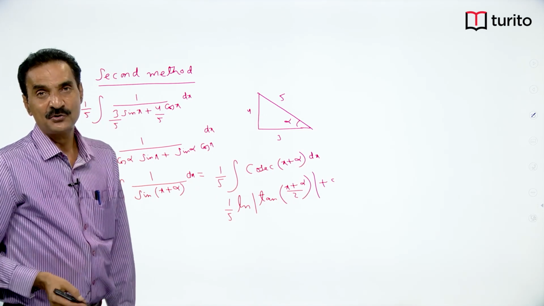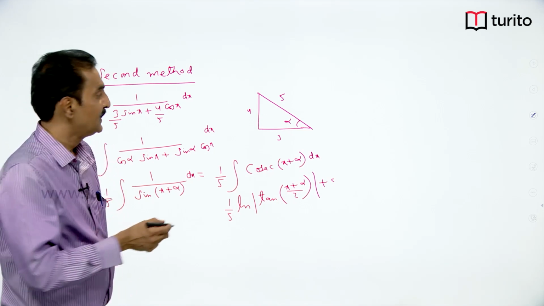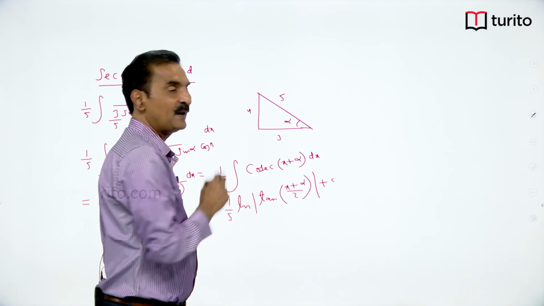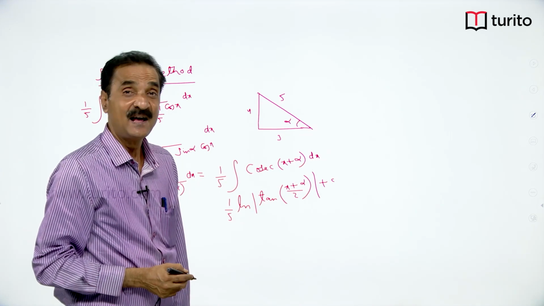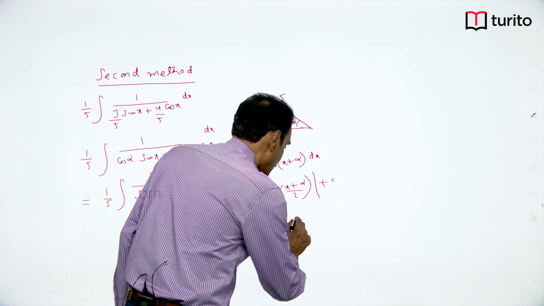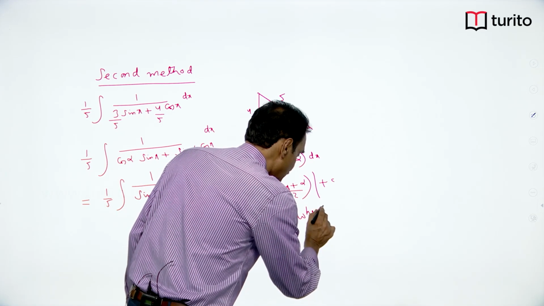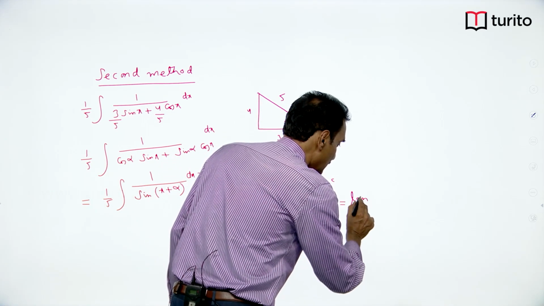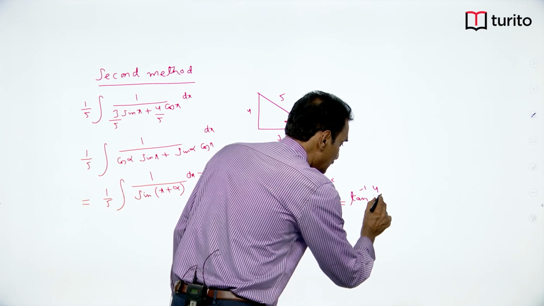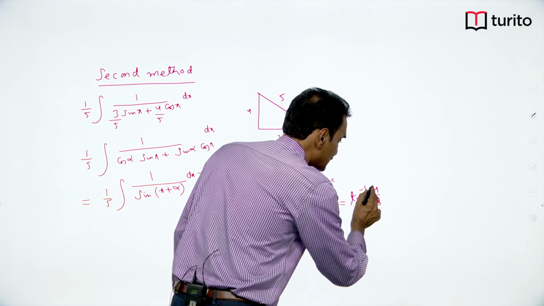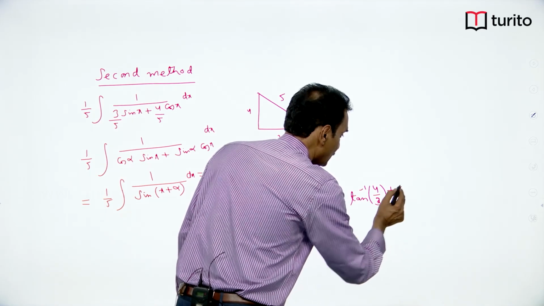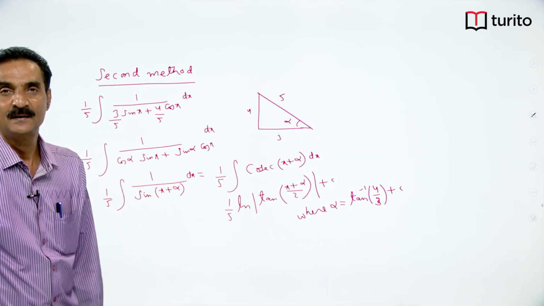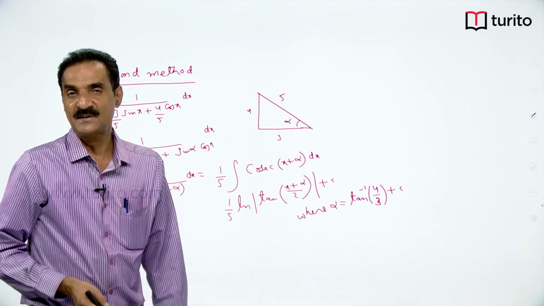But finally, you should mention the value of alpha. Tan alpha is 4 by 3, so we can write alpha as tan inverse 4 by 3, where alpha is equal to tan inverse 4 by 3 plus c. Okay? So, this is second method.